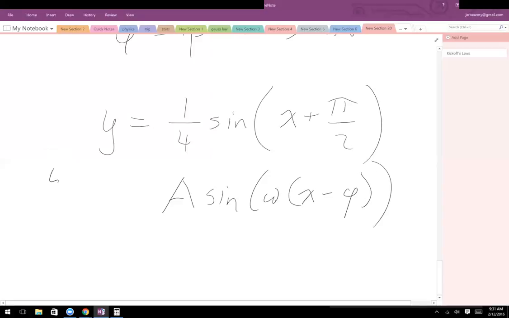So normally, if there was an omega, we would have to factor that out, but right now omega is 1 anyway. So the amplitude's 1/4. The omega is 1, which means the frequency would be 1 over 2 pi, so the period would be 2 pi over 1, which is 2 pi. And the phase shift, well, this is minus phi is pi over 2, so the phase shift is actually minus pi over 2.